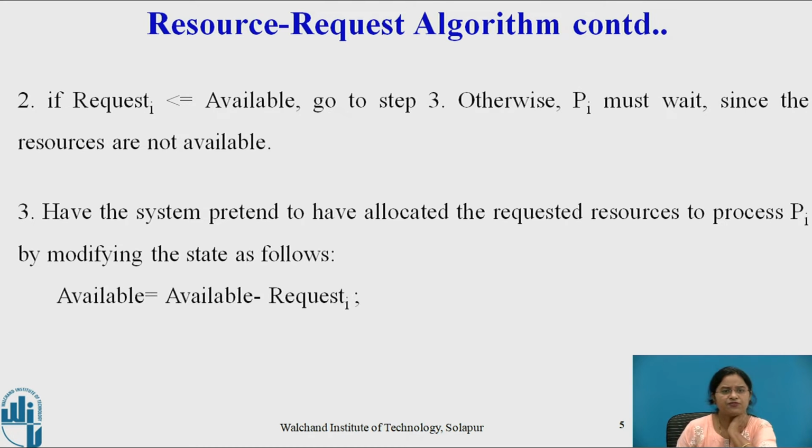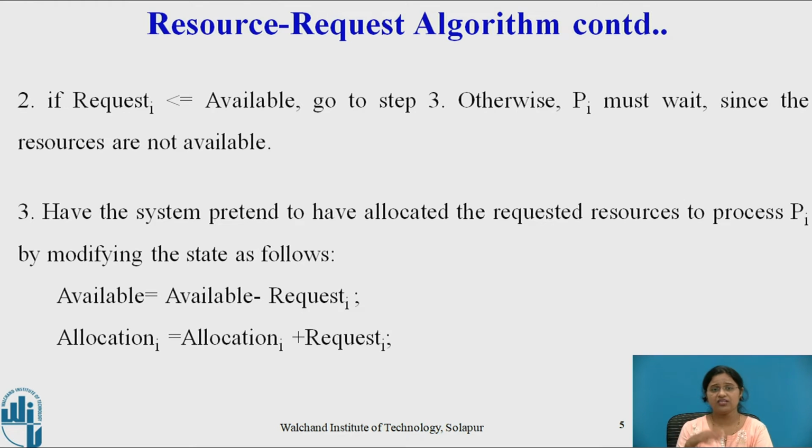So how will it do this? First it will modify the Available matrix. If it wishes to allocate that resource, it has to change Available: Available equals Available minus Request. Because the requested resources are allocated, they are removed from Available.